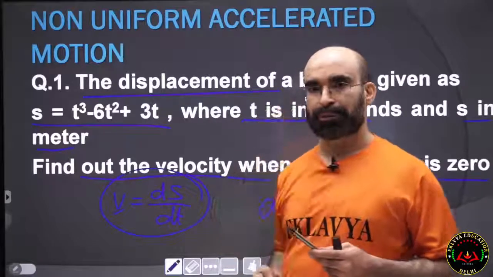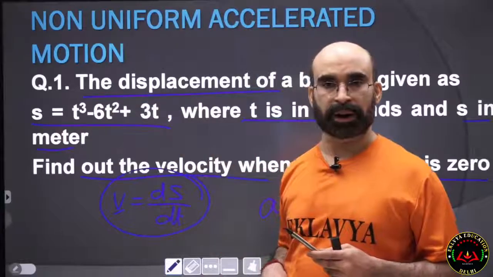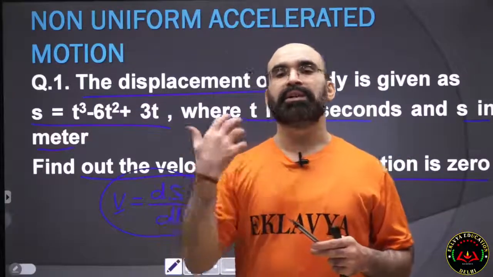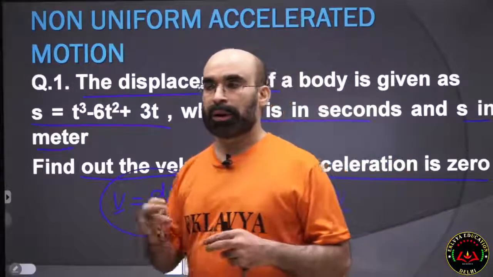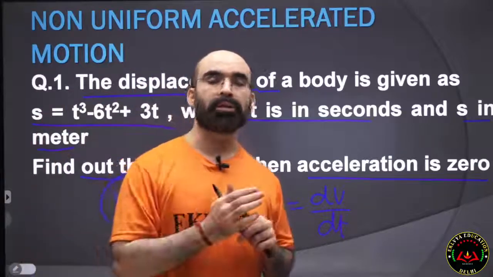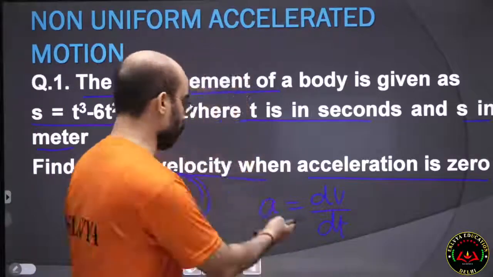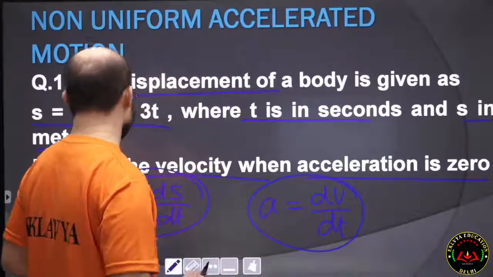And that value of t we will substitute in the expression for v. That will give us the required result, right? So here we are not using integration. We need to use differentiation here.